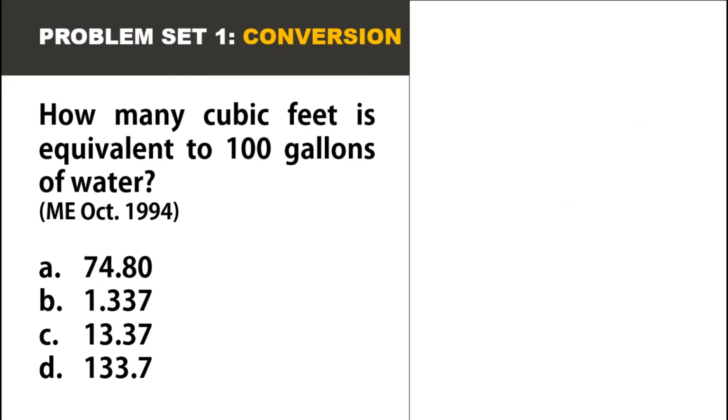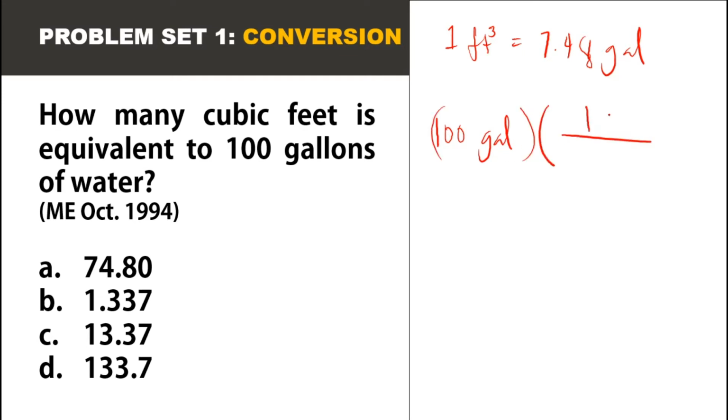How many cubic feet is 100 gallons of water? So you have the conversion. You have 1 cubic feet, that is 7.48 gallons. So we have this conversion. We have 100 gallons. So the conversion is 1 cubic feet per 7.48 gallons. Gallon will cancel.